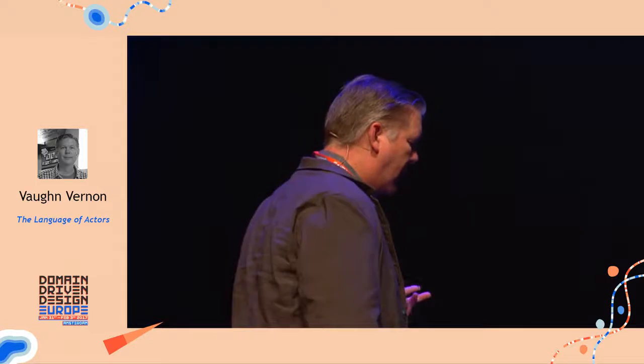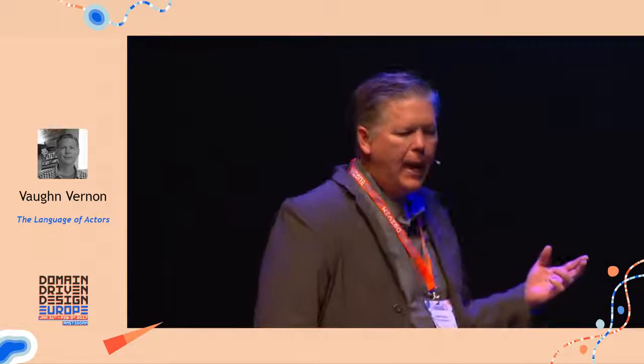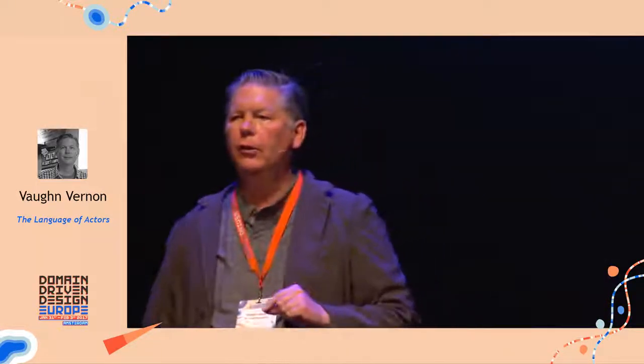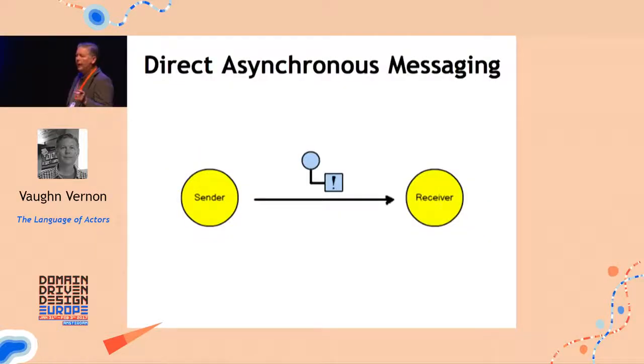So again, the premise behind actor model is direct asynchronous messaging. And I want to key in on the word direct here, because sometimes people will loosely use the term actor model and actors to describe asynchronous messaging in general.